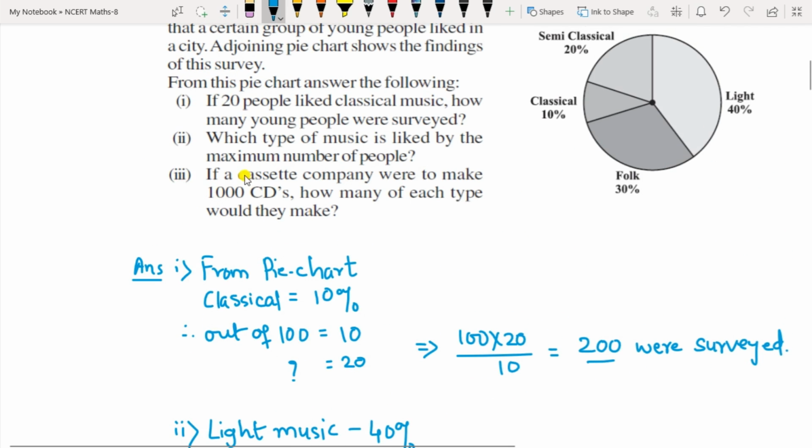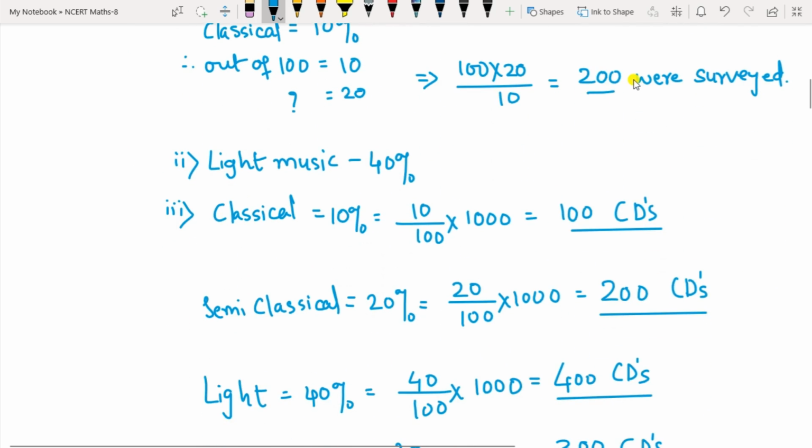Then the third question: if a cassette company were to make 1000 CDs, how many of each type would they make? So they want to make a total of 1000 CDs of all these types together. How many CDs of each type will they make? Classical is 10%, so 10 upon 100 multiplied by 1000 CDs.